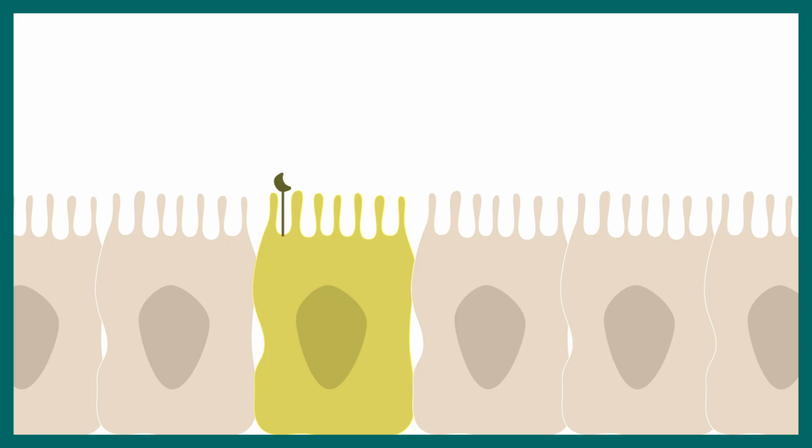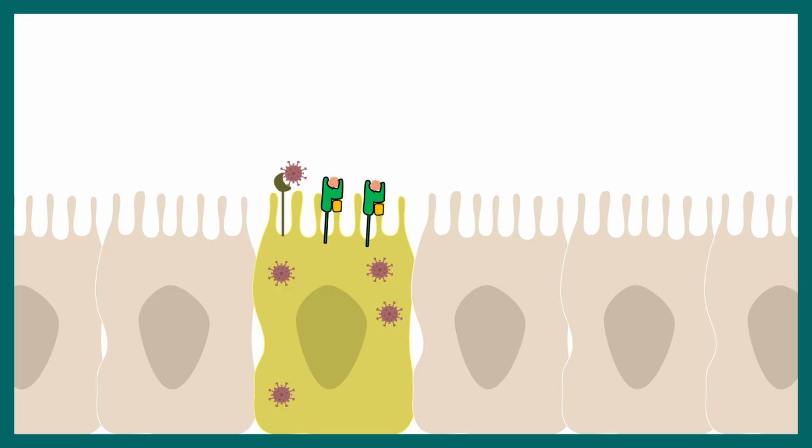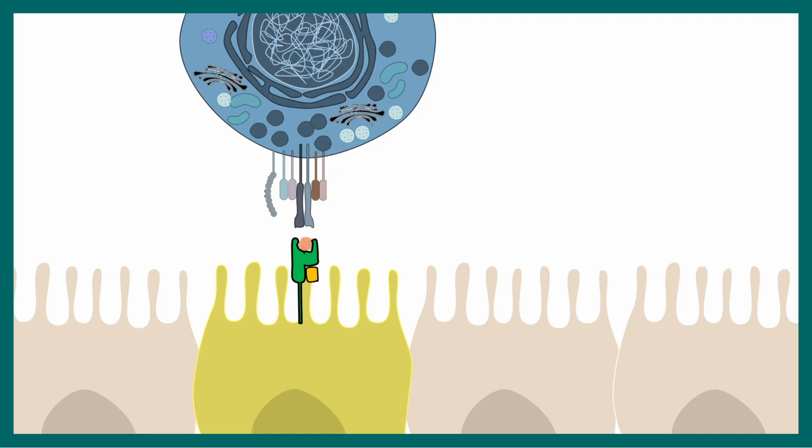When a cell is, let's say, infected with a virus, then this cell expresses many of these viral proteins with the help of class 1 MHC. So many of the viral proteins mistakenly get into the endoplasmic reticulum and get presented on class 1 MHC molecules. Now eventually the class 1 MHC displays this viral peptide, which triggers the activation of cytotoxic T lymphocytes.